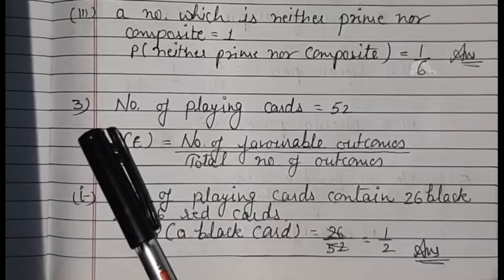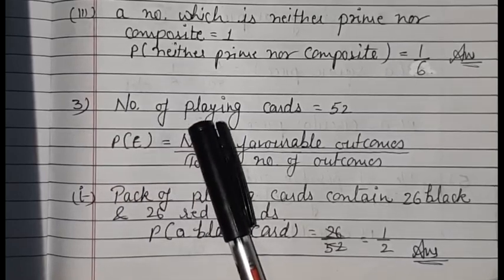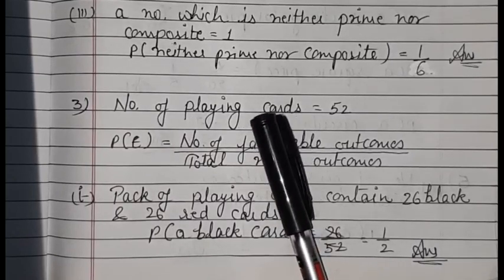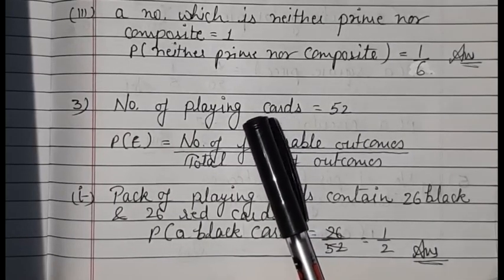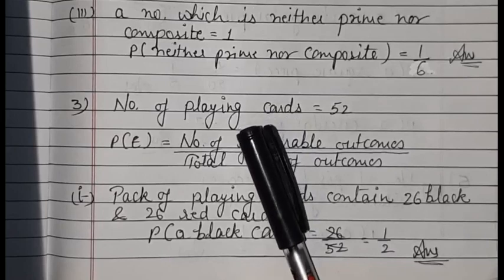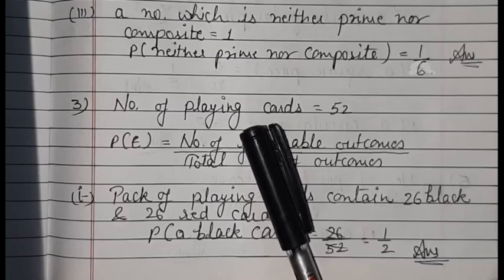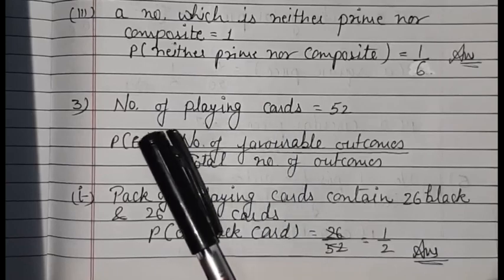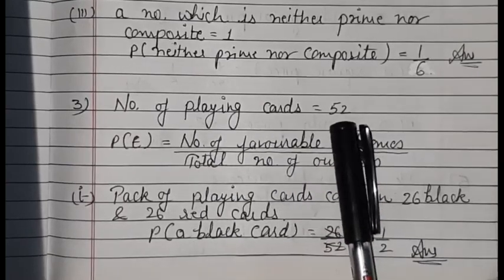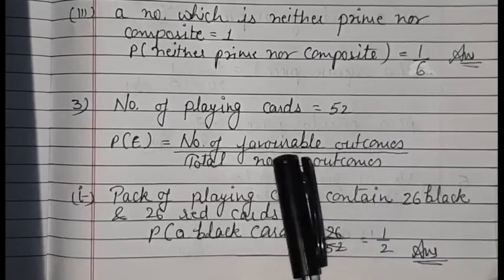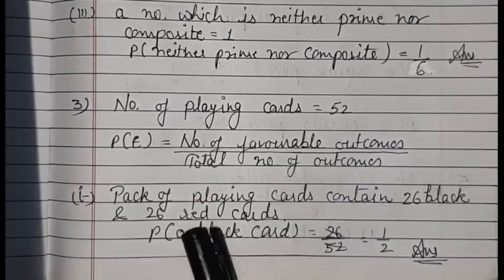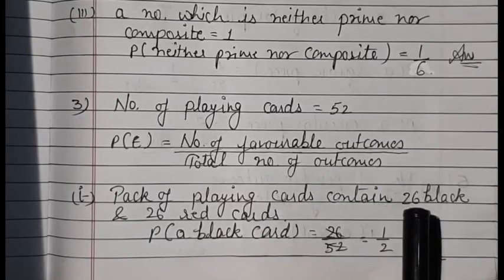Now come to sum number 3. A pack of playing cards contains 52 cards. If drawn at random, first we have to calculate the probability of a black card, then the probability that the jack of heart is drawn, then the probability that the card drawn out is a number card. So for that, the number of playing cards given is 52. To calculate the first part, the number of favorable outcomes will be 26 only. Why?